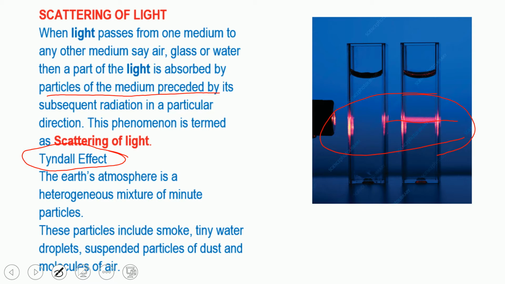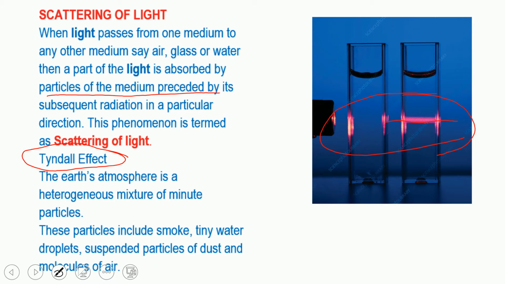If we are in a closed room and somewhere there is a hole in that room, and light comes inside through that hole, you can see that the light spreads through the entire room, and along the direction of entry you can see a white line, especially with dust particles moving here and there. The entire room is illuminated because of the scattering of light.